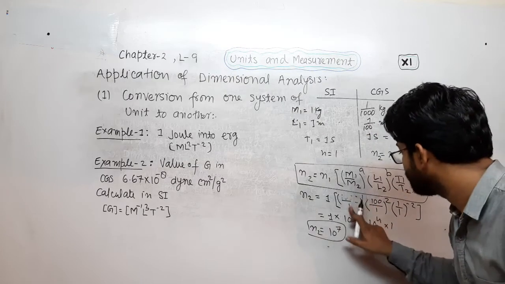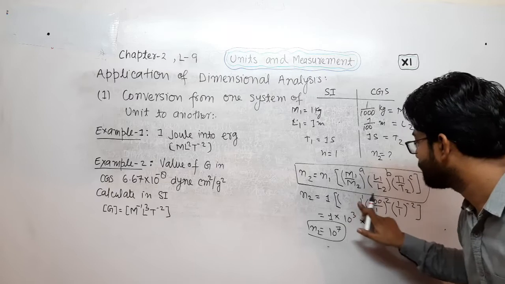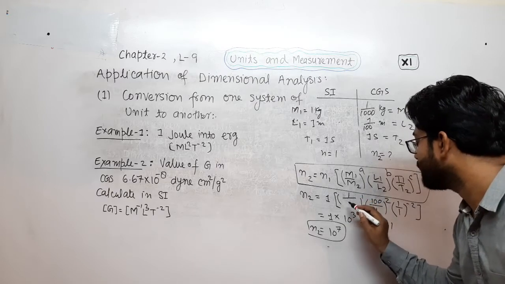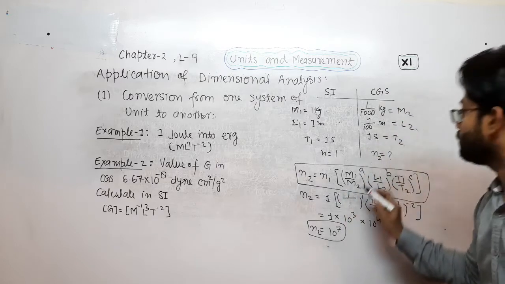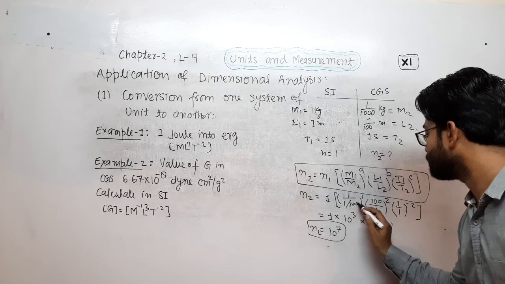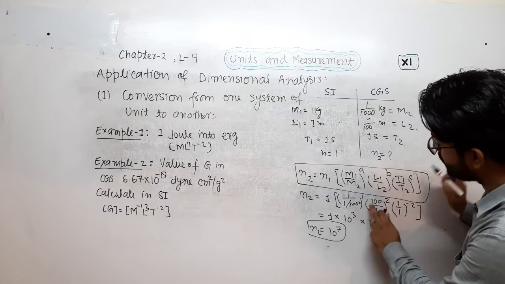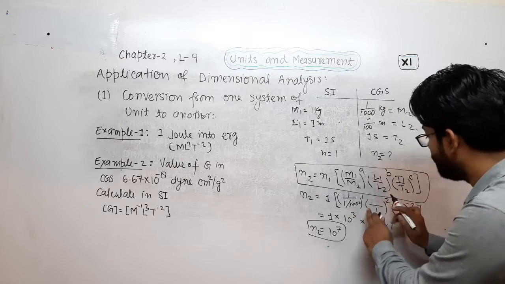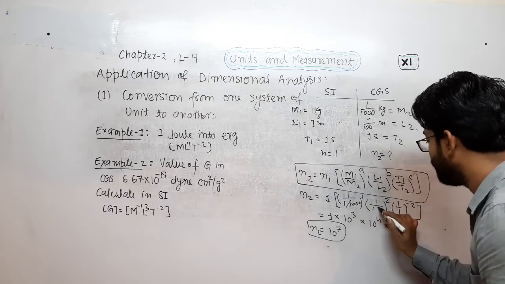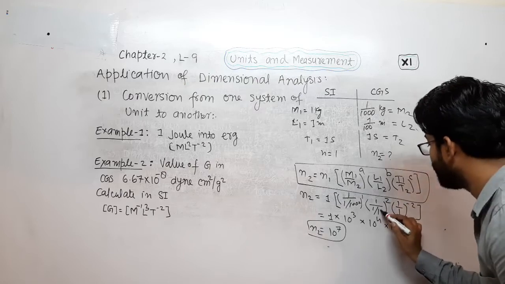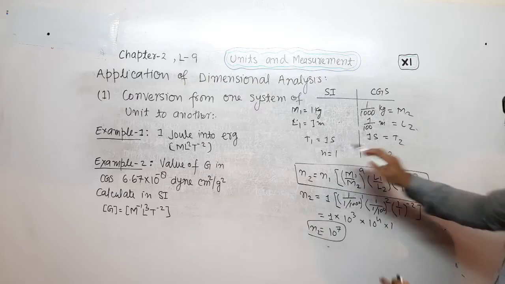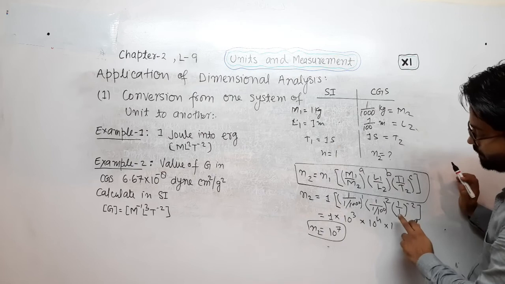M1 is 1, and M2 is 1 upon 1000. Same, this will convert to 1000, and again here 1, and L2 is 1 upon 100, and T1 and T2 are the same.